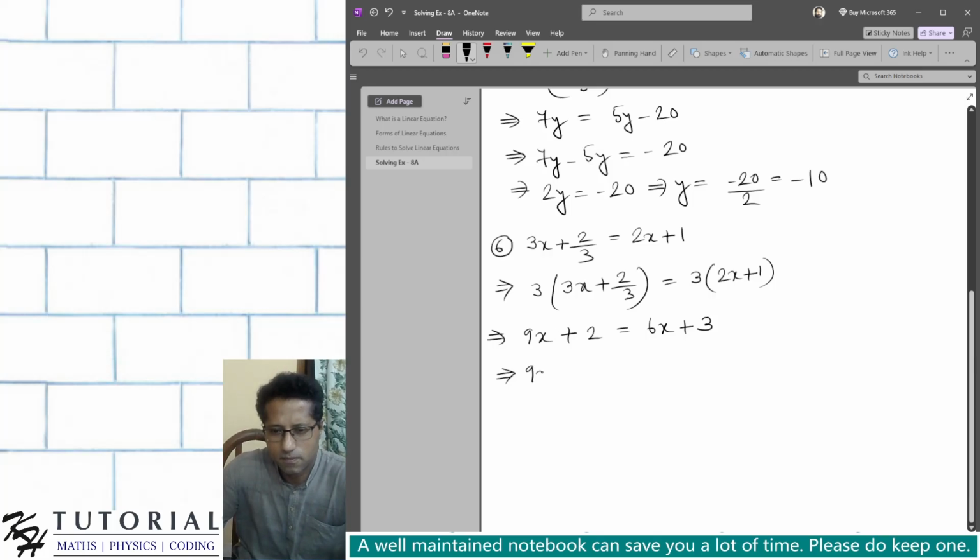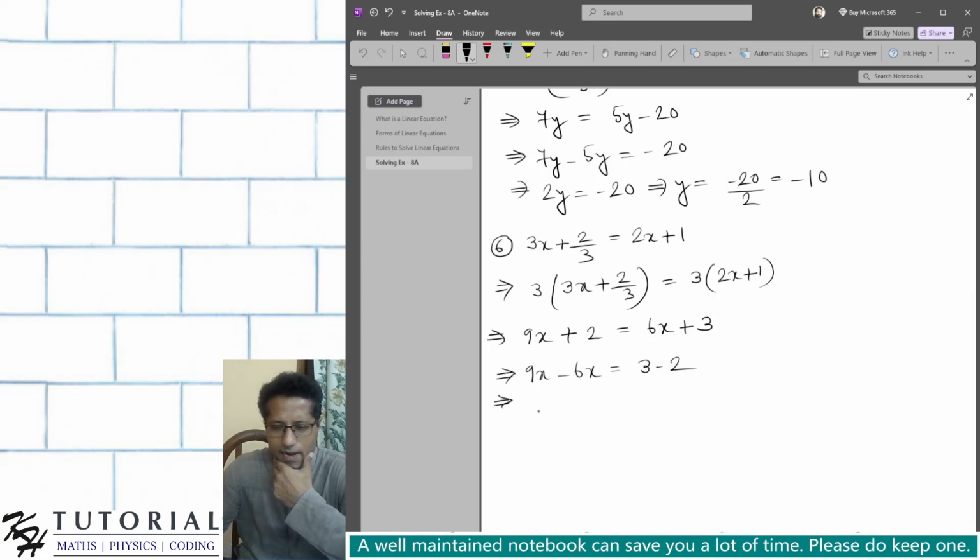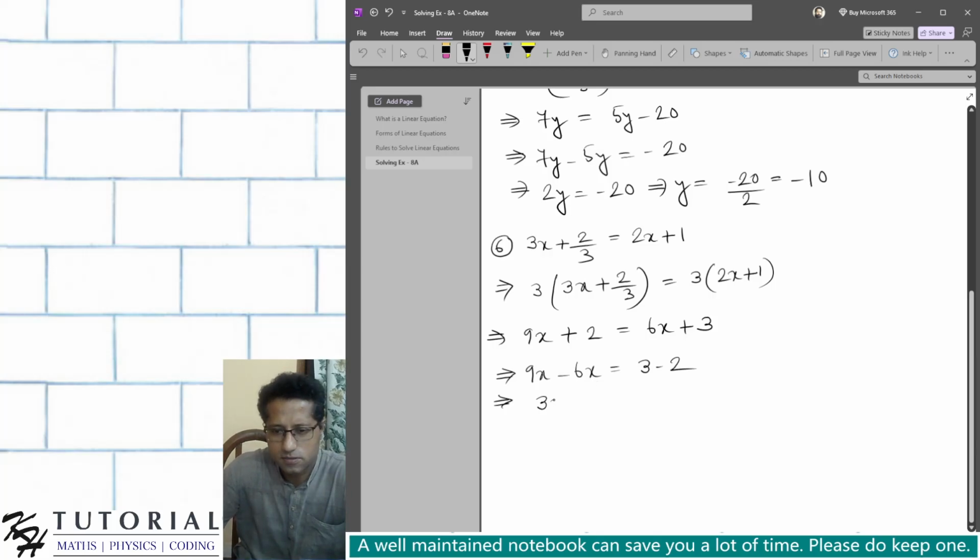So it will become 9x minus 6x is equal to 3 minus 2. After simplifying, adding the like terms on the LHS, we get 3x is equal to 1, and hence x is equal to 1 by 3.